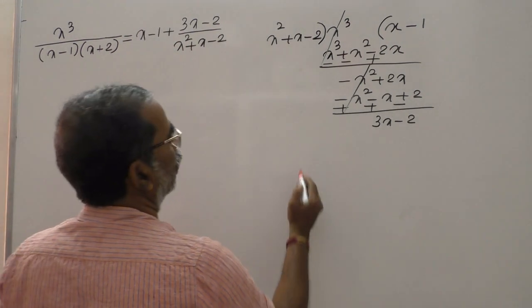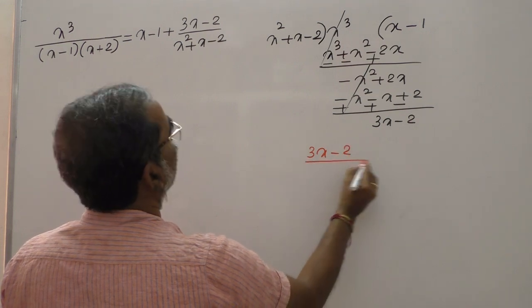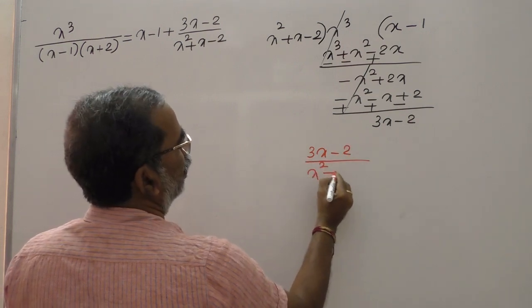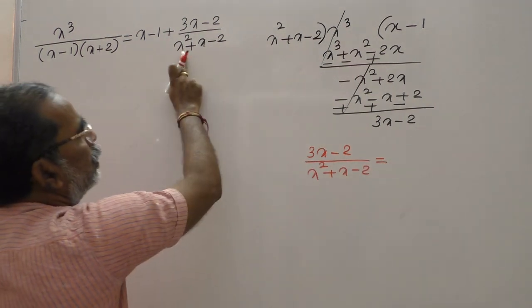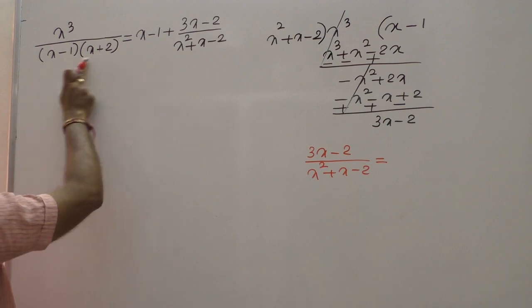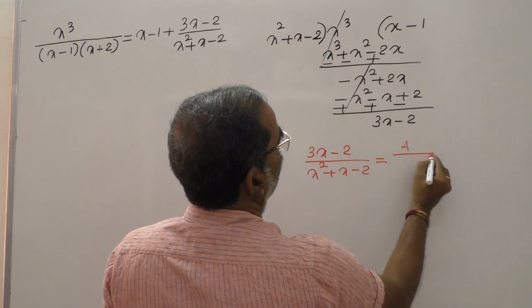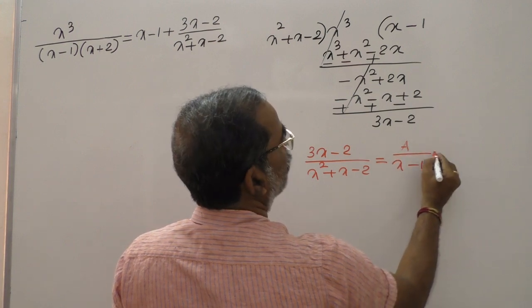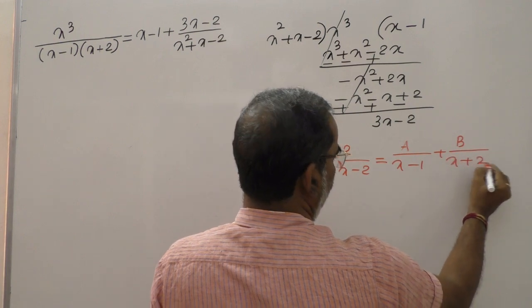What is 3x minus 2 divided by x square plus x minus 2? It is the product of these two factors, both linear non-repeating, type 1. Therefore, A divided by x minus 1 plus B divided by x plus 2.